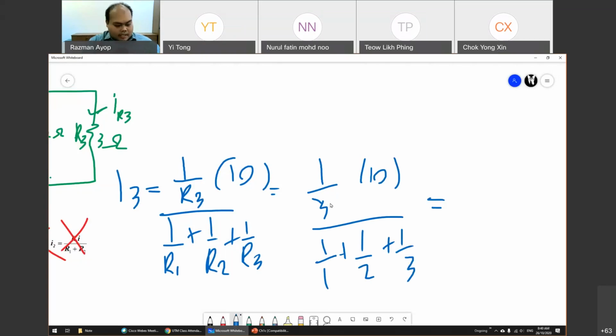So use your calculator. Don't forget to view the previous video in week 1 on how to use the calculator to insert the reciprocal value. So 3 reciprocal multiplied by 10 divided by, don't forget the bracket.